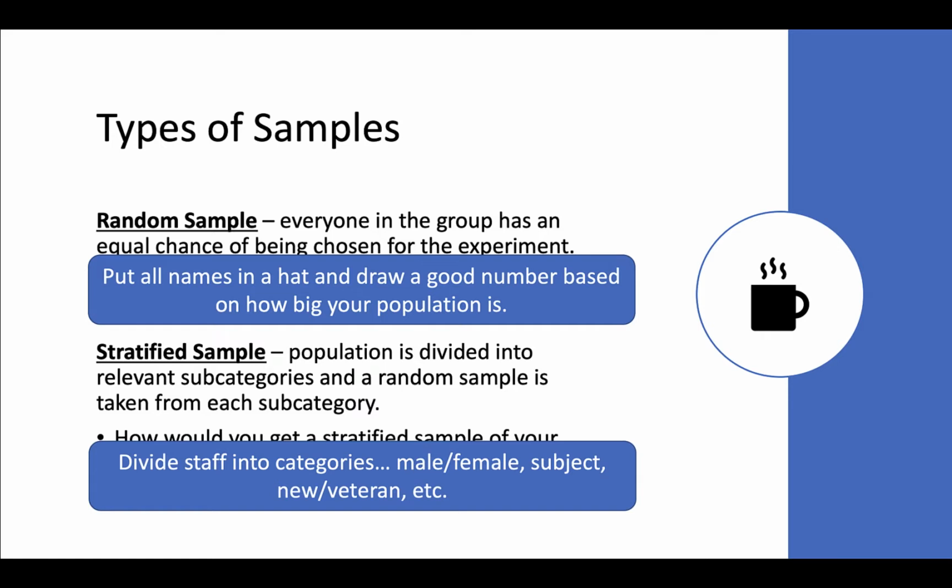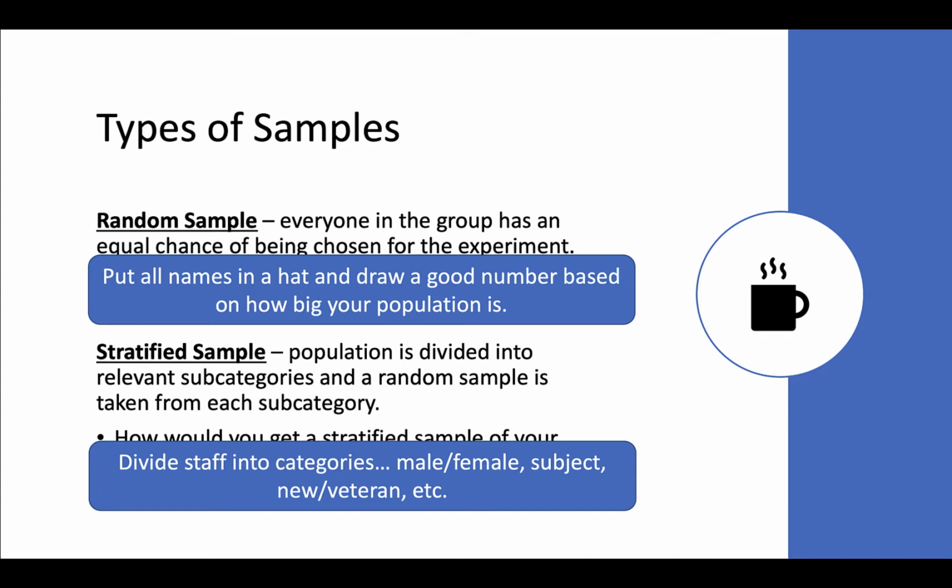So let's say in each hat you had, I don't know, like 50 names, then you would draw out, let's say, only 10 from each department, or 2 from each department, however you're doing it.